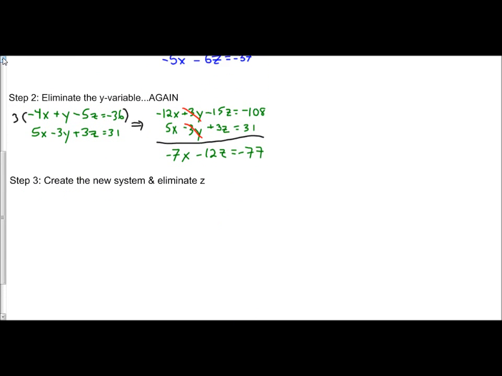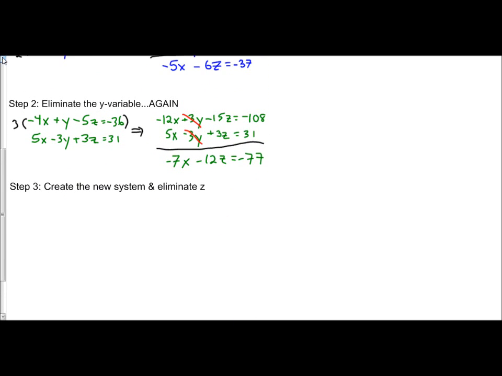So let's match up our systems. Let's create it. So I have my negative 5x minus 6z equals negative 37. And my other one is my negative 7x minus 12z equals negative 77. To eliminate the z, I have to create opposites.